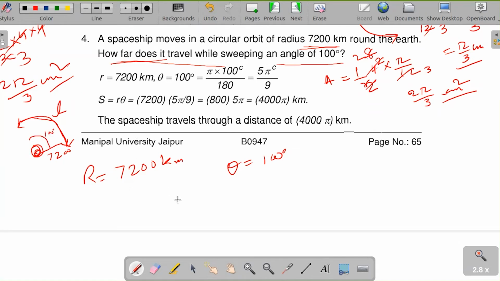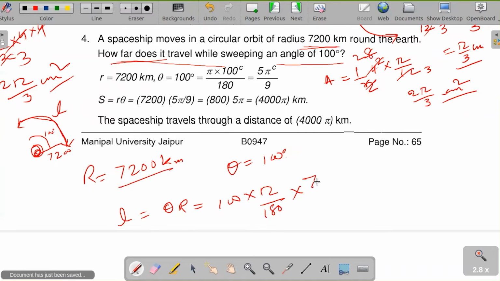Okay, so for L we can use theta into R, 100 into, but this is degree, we have to again convert into radian, so multiply by pi by 180 and into 7200.